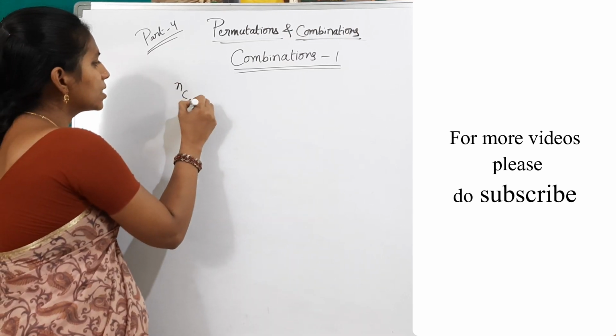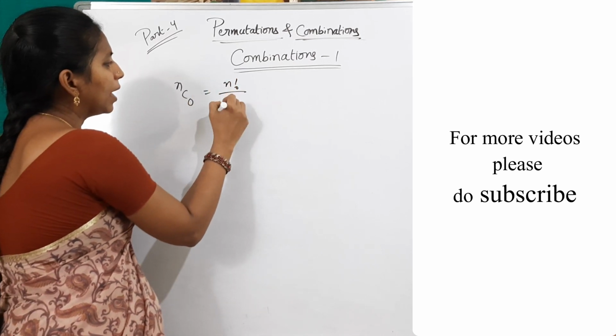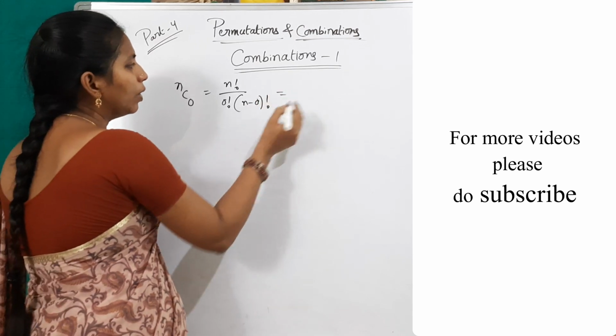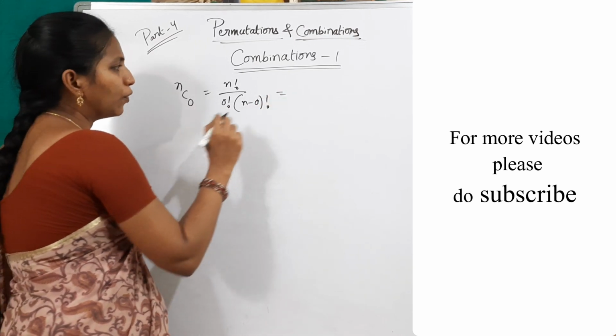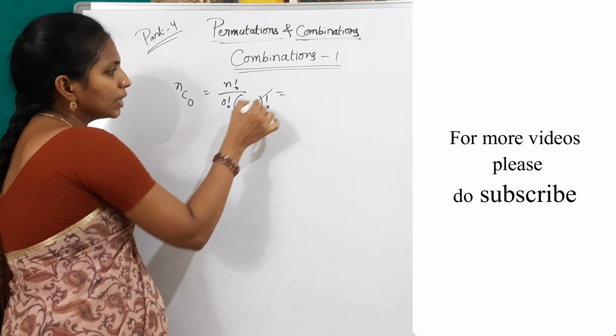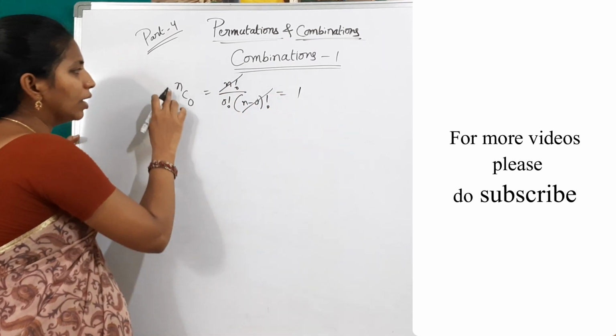Now see NC0. NC0 is n factorial by 0 factorial into n minus 0 factorial. 0 factorial is nothing but 1. So here n minus 0 factorial is equal to n factorial. This n factorial cancels. So 1 by 1 is equal to 1.